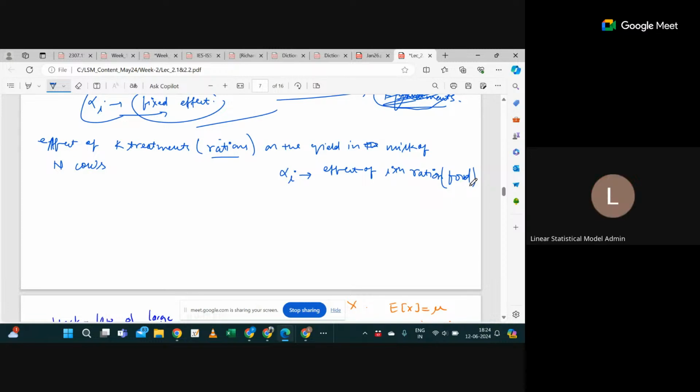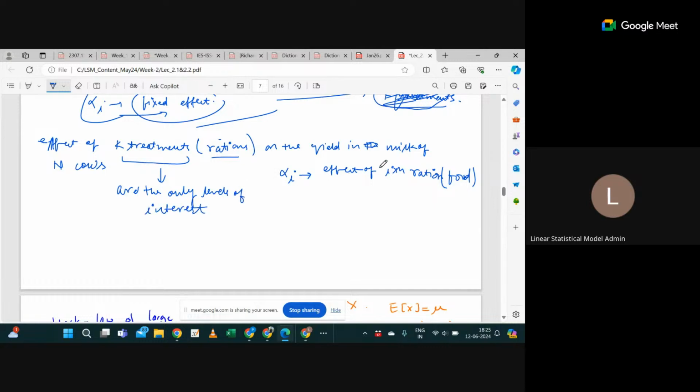Now I will let you know the difference between the fixed effect model and the random effect model. In the fixed effect model, suppose you have k levels of the treatment, and only these treatments are the only levels of interest.